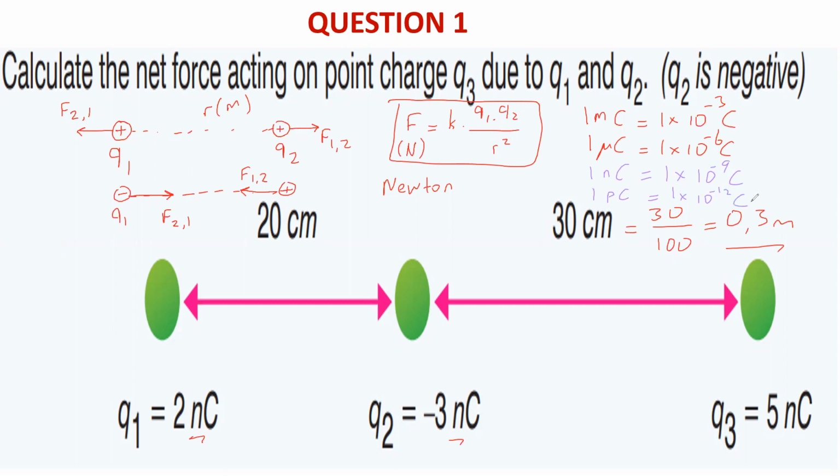Okay, these points we should know before we answer all questions. First of all, distance in meter, and then all charges in coulomb. If you see another unit, you must convert it. Please use this, milli, micro, nano, and pico, 10 to the power of negative 3, negative 6, negative 9, negative 12. After that, we can answer our questions.